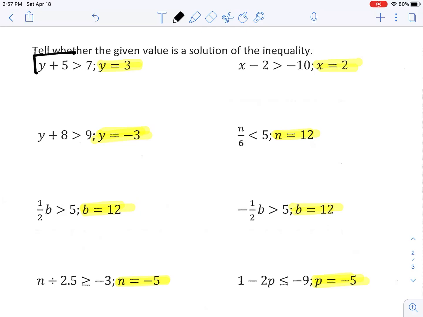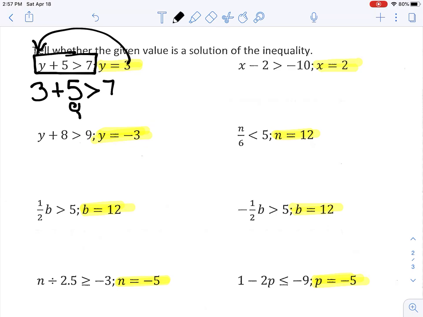if I'm looking at y plus 5 is greater than 7, we're going to substitute 3 for the y. We're going to rewrite that entire inequality. So not y plus 5, but 3 plus 5. Is 3 plus 5 greater than 7?